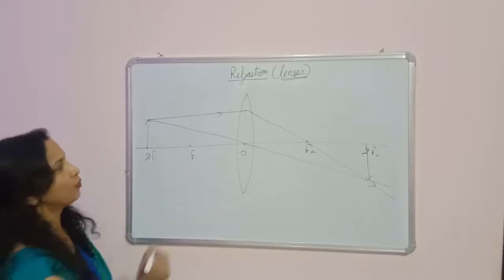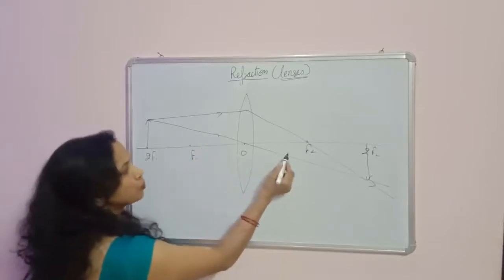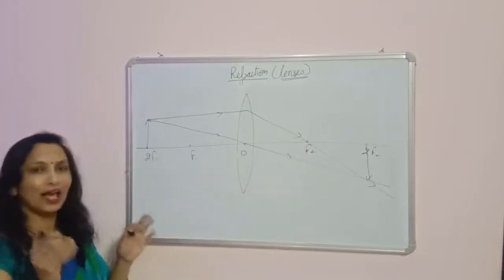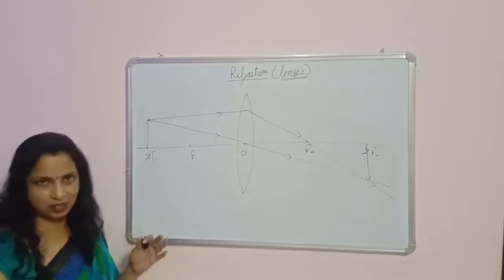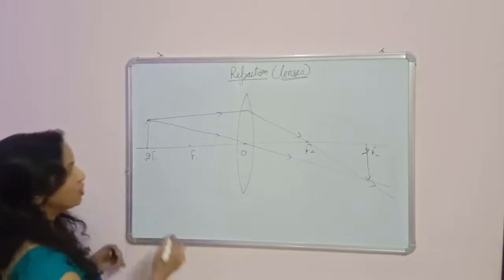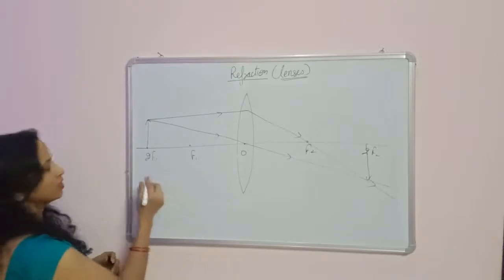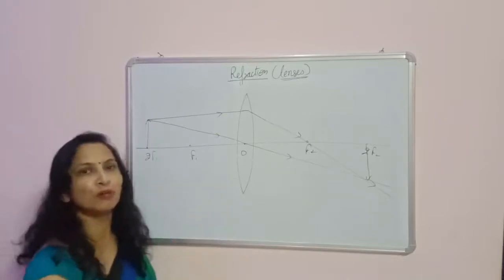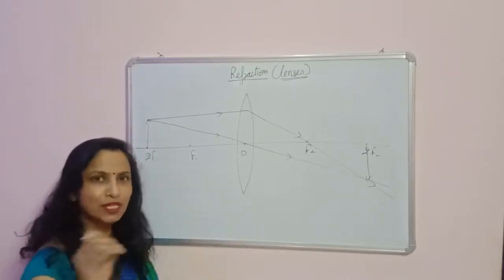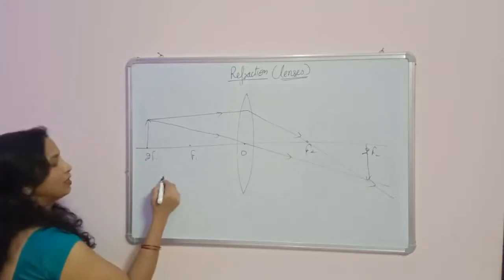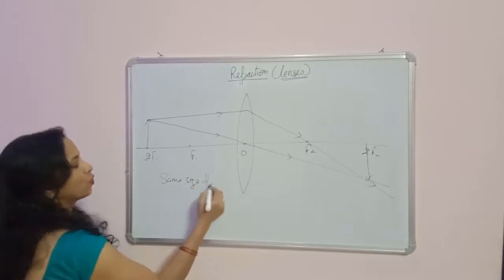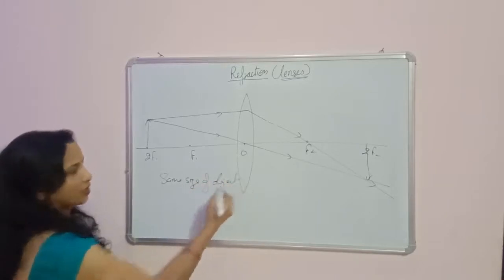Now you can say what the nature of the image is. Again, the most important thing is you have to make the arrows on the rays. They show the direction of the rays. So what is the nature of the image? First, since the object is at 2f and the image is also formed at 2f, the image is the same size as the object.